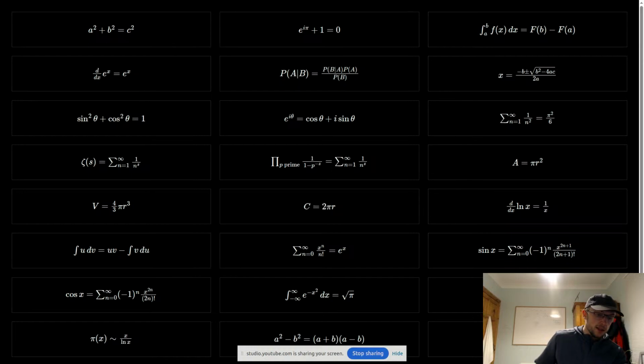And indeed, 6 choose 3 is in the row that goes 1, 6, 15, 20, 15, 6, 1. And 6 choose 3 is right there in the middle. There's an extension of the binomial formula, which is called the multinomial formula, although it's quite involved.